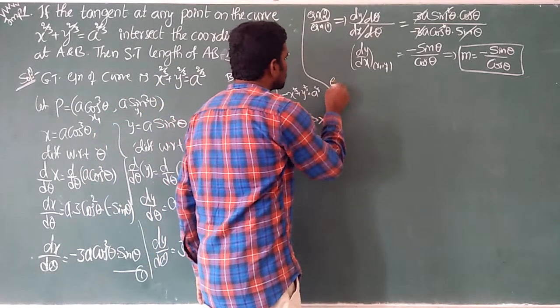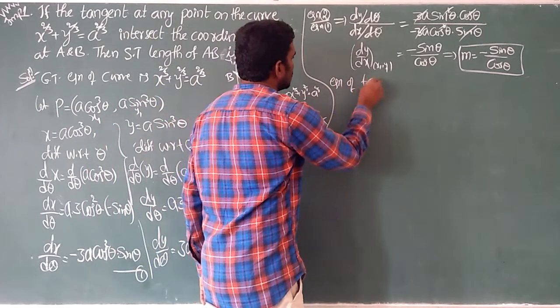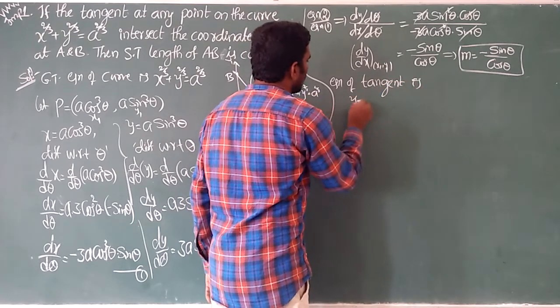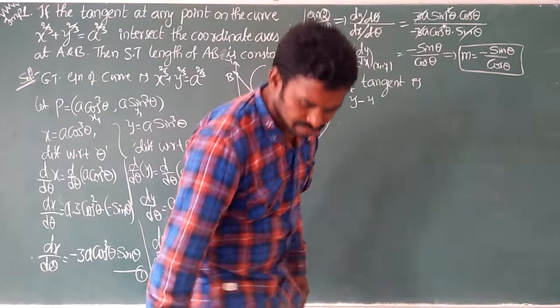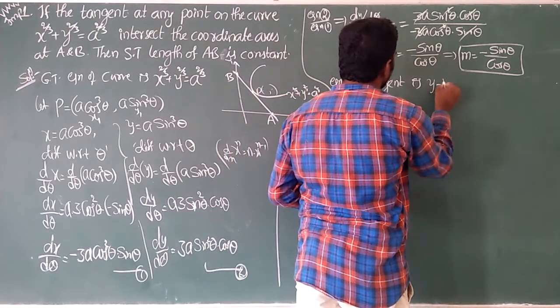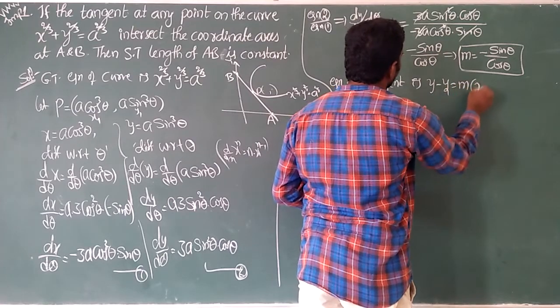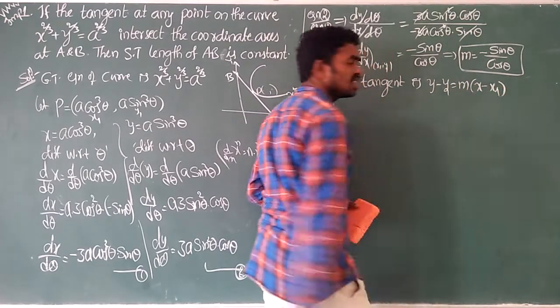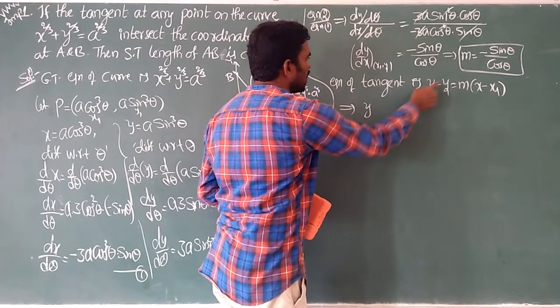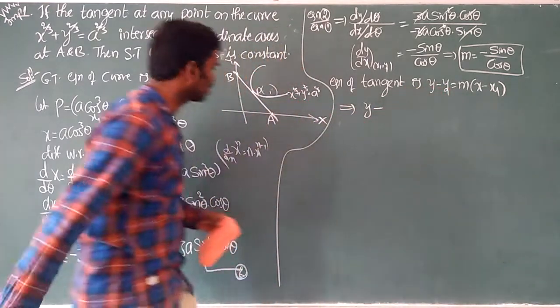So then the equation of the tangent is y minus y1 equals m into x minus x1. Actually that is the formula. So use that formula. Y means y, minus means minus, y1 means what?